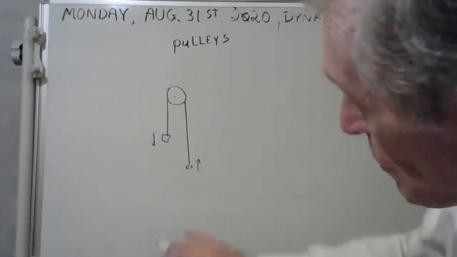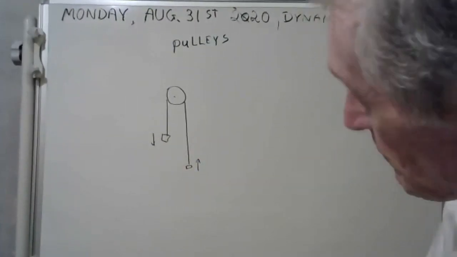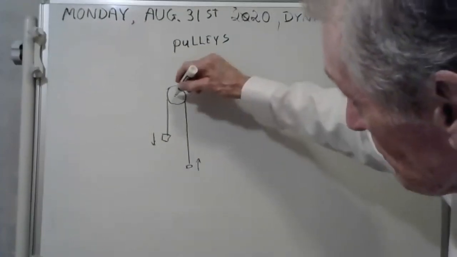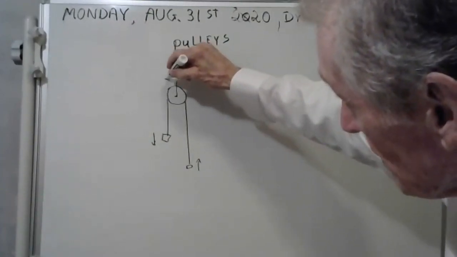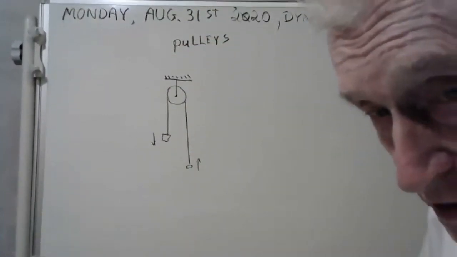They depend. The motion of this body depends on the motion of that body. In fact, for a simple pulley like this, the motions would be equal. It's just that they would be in opposite directions.